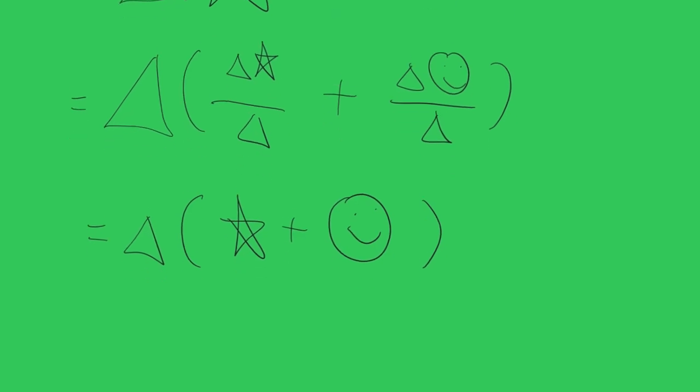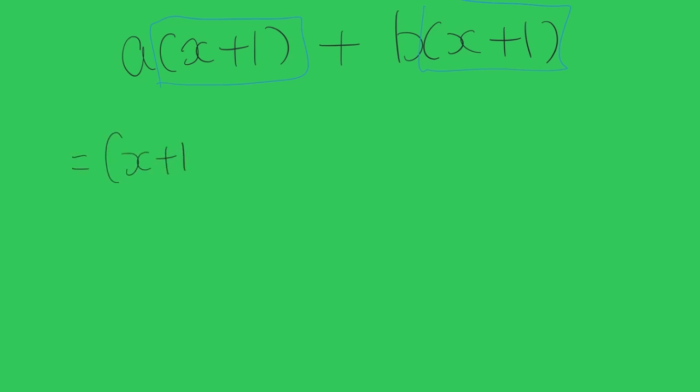Now let's look into this. If we have a times x plus 1 plus b times x plus 1, then we can consider this whole term to be one factor. We are going to take out this factor, which means x plus 1.